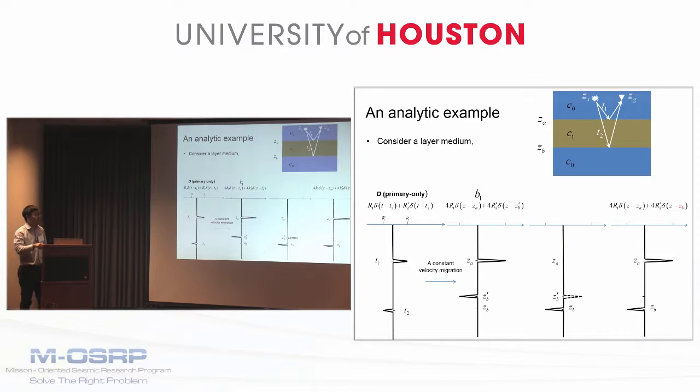As Professor Weglein introduced, what has to be done is to remove an image at this ZB prime and create an image at ZB.